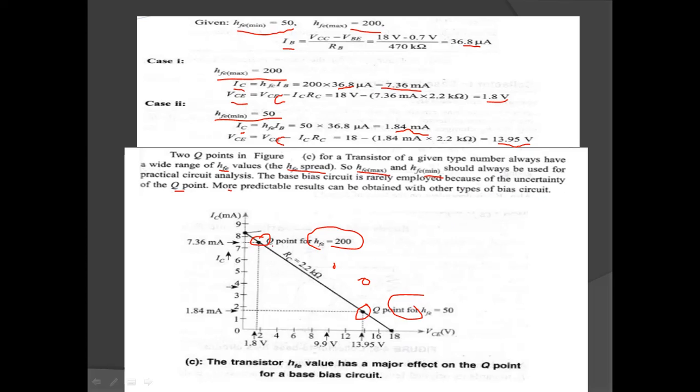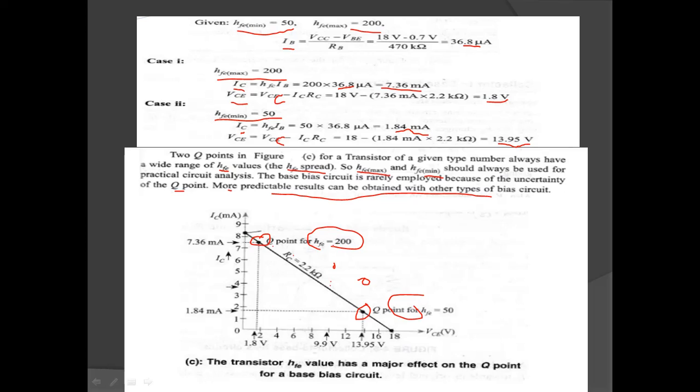Because of this Q point existing in different regions, the base bias circuit is not usually stable. Hence more predictable results are obtained with other types of bias circuit. The base bias circuit is not usually used.